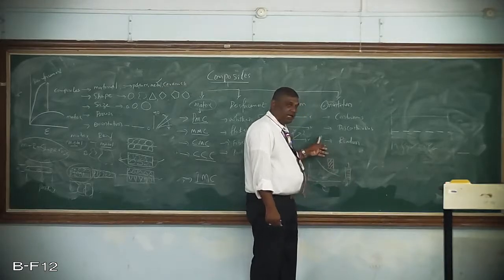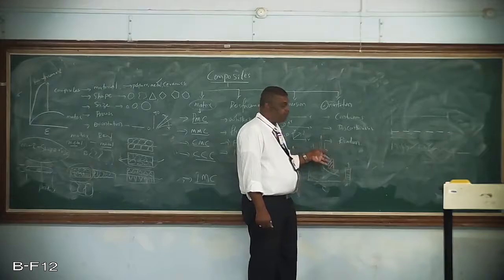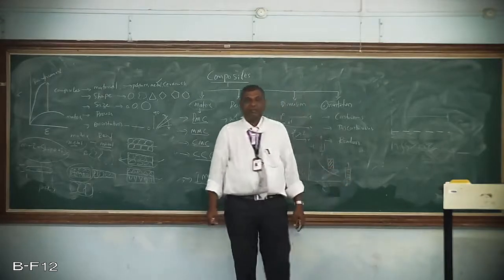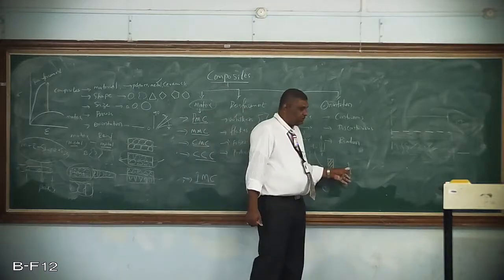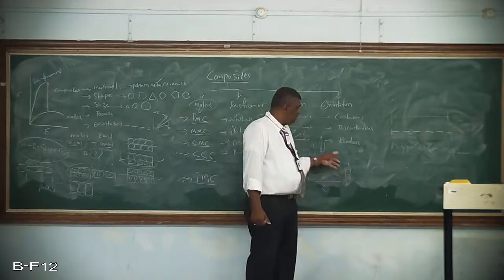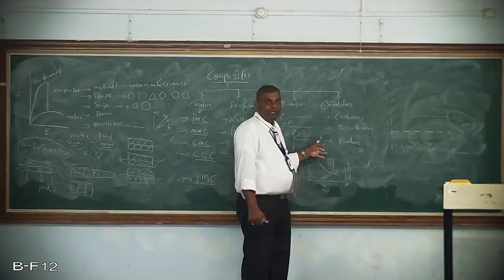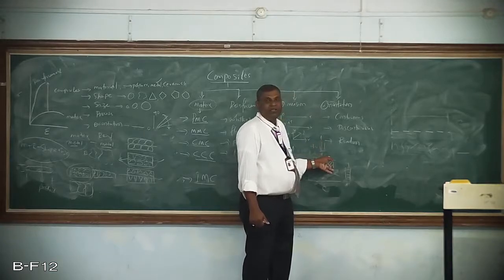Along the direction the strength will be very, very high. Across the direction the strength will be very, very less. Whereas if we reverse the process in compression, this will be very, very strong, this will be very, very weak, and this will give moderate results.